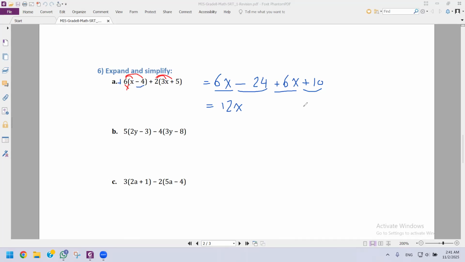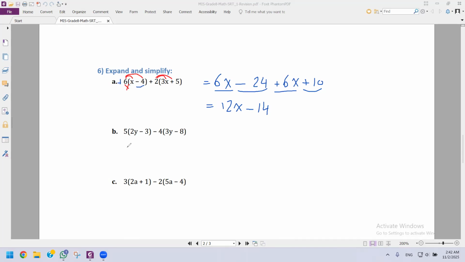They have different signs, minus plus, so I subtract them. 24 minus 10 is 14. Now I pick the sign of the biggest number. Which one is bigger, 24 or 10? 24 is bigger. What's the sign of it? Minus. So minus 14. Now, can I simplify more? No, I can't. So this is the simplified version of the answer.